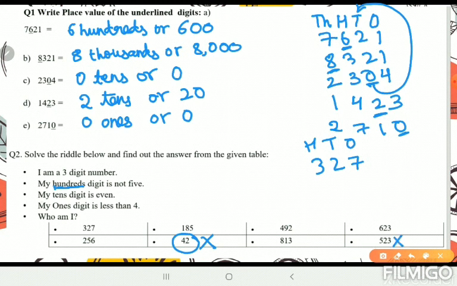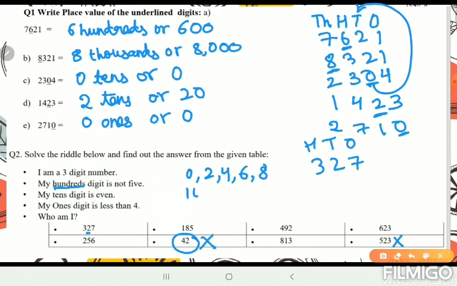Let's see the next condition. My tens digit is even. Okay, it says the tens digit is even. Here this tens digit is even. What are even numbers, children? Even numbers are those numbers which are divisible by 2, or either it is 0 at the end, 2, 4, 6, 8.